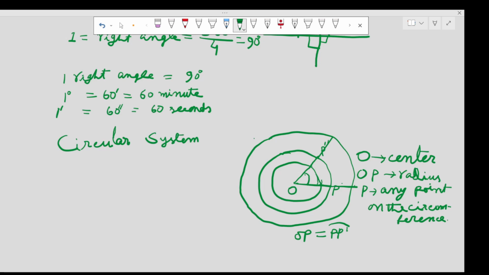Now coming to another thing. The measure of an angle subtended at the center by an arc having length equal to the radius. So the angle subtended at the center by an arc means these arcs.